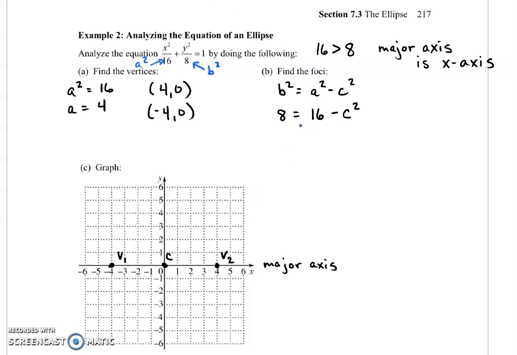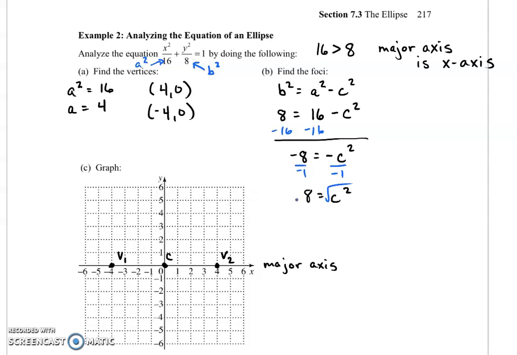If we subtract 16 from both sides, we end up with negative 8 equals negative c squared. We don't want the negatives, so essentially we can divide both sides by negative 1. So we get 8 equals c squared.